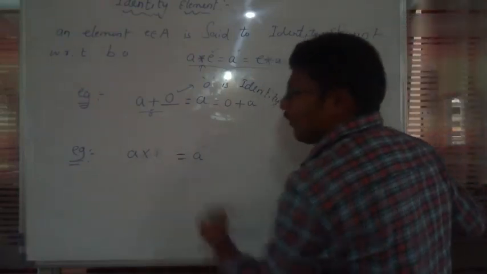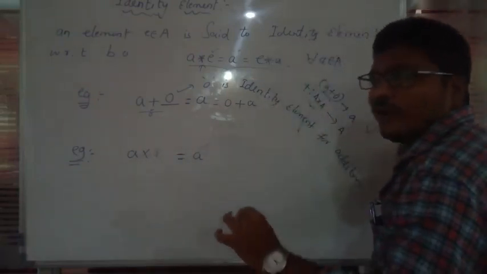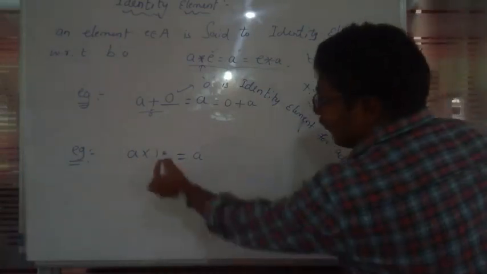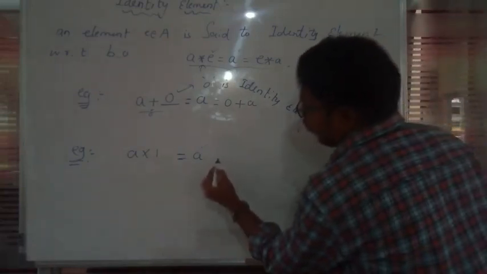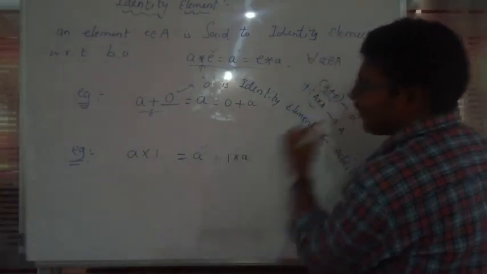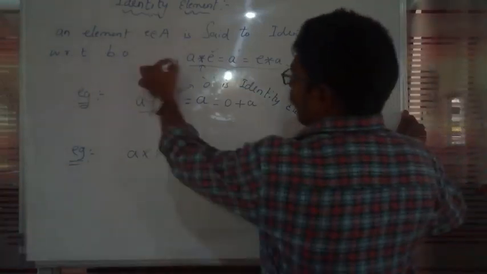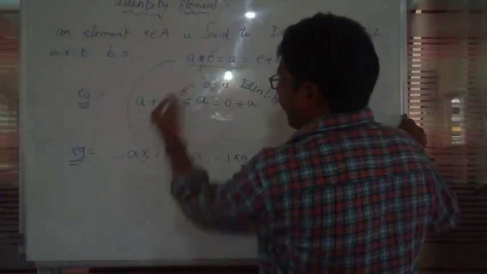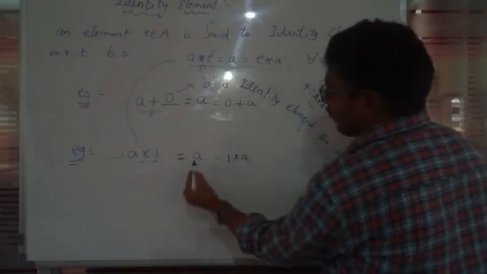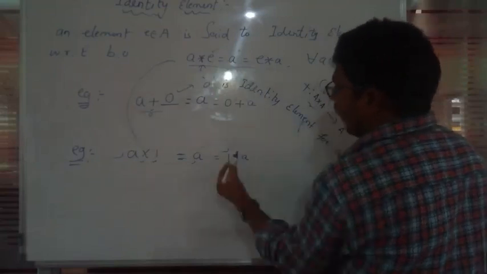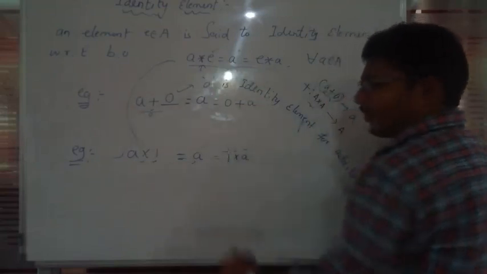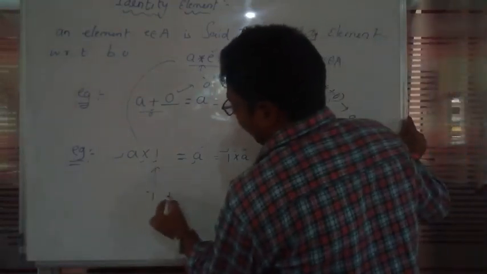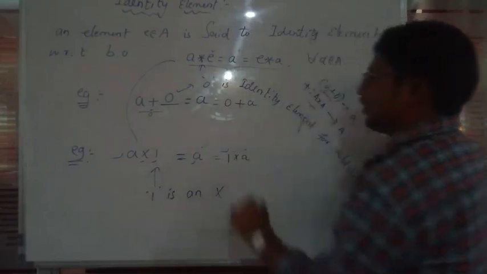It is possible only with 1, because 1 into 2 is equal to 2, 1 into 3 is equal to 3, 1 into 4 is equal to 4. That's why we should multiply by 1, so this one we write as a 1 cross A. Just refer to this one: here A is there, star is multiplication, e is 1, and the result is A. This is a better example. 1 is the multiplication identity.